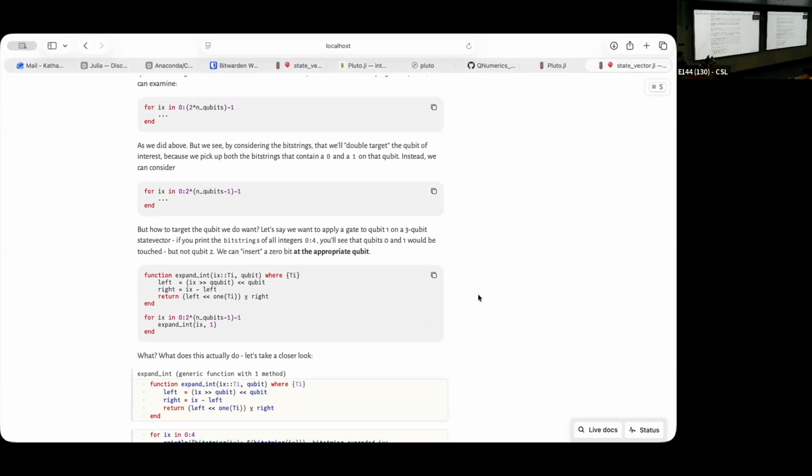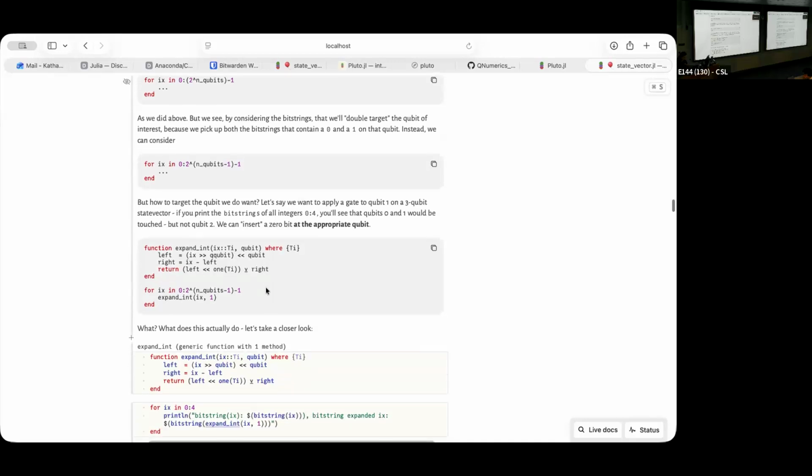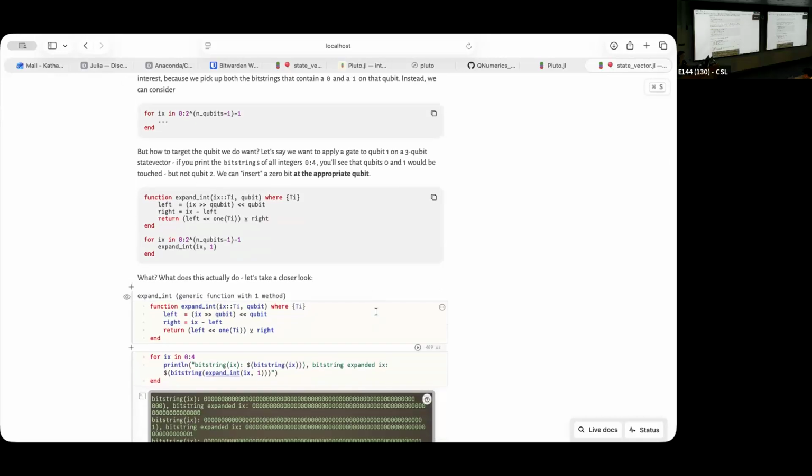So instead, what we need to do is insert a 0 bit at the appropriate qubit. We can do that with these two functions here that effectively expand the integer using some bit shifting arithmetic and generate the appropriate indices in the state vector that we need to look at.